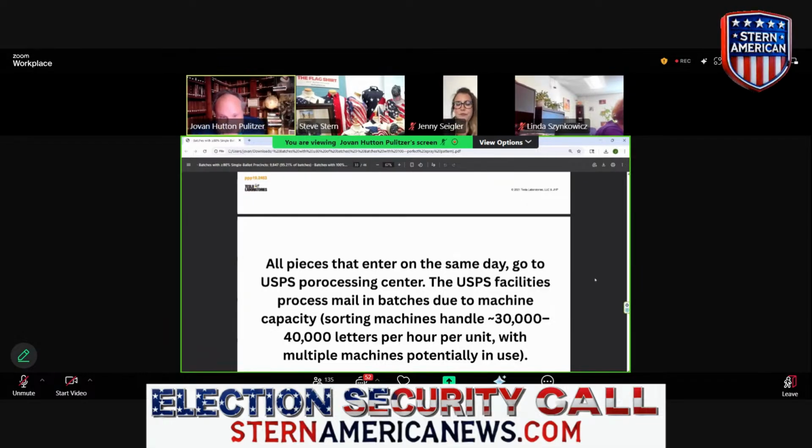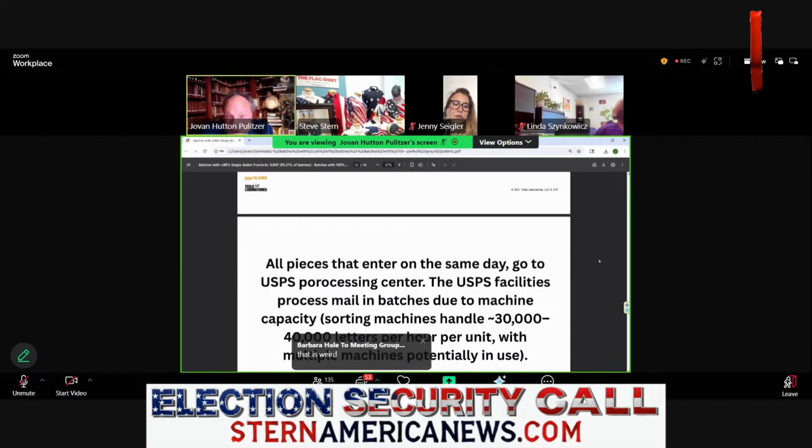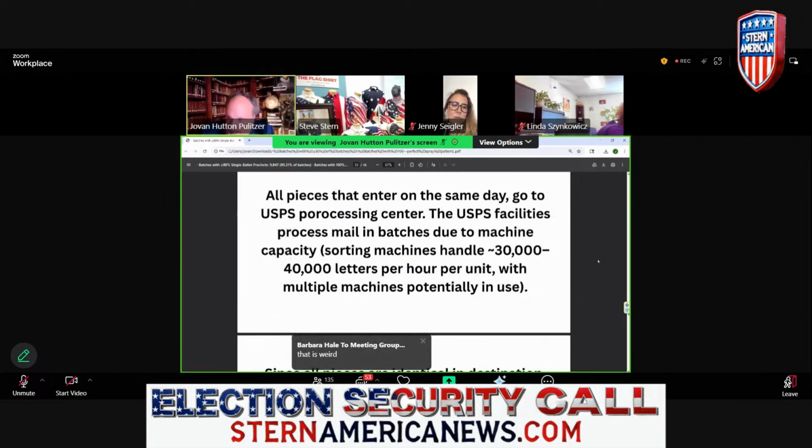If all those pieces were to enter the facility on the same day, the Postal Service can handle in their sorting machines about 30,000 to 40,000 letters per hour per machine. That's their sorting capability. But in these, there's no sorting. They're going to the same place.